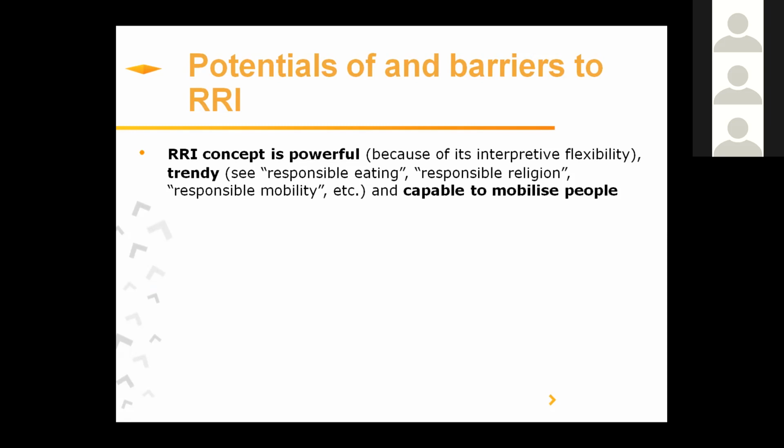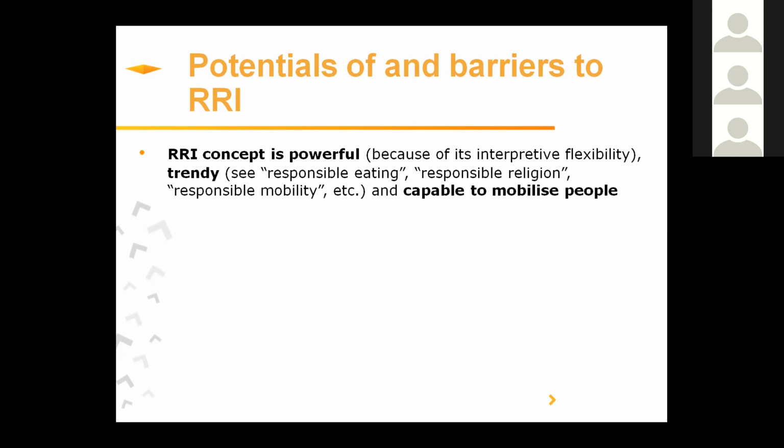spheres of social life, we have this reference to responsibility. So we have responsible eating, responsible religion, responsible mobility, responsible lifestyles. So the reference to responsibility is particularly trendy and attractive and appealing. And for this reason, RRI at first glance is able to attract and to mobilize people.